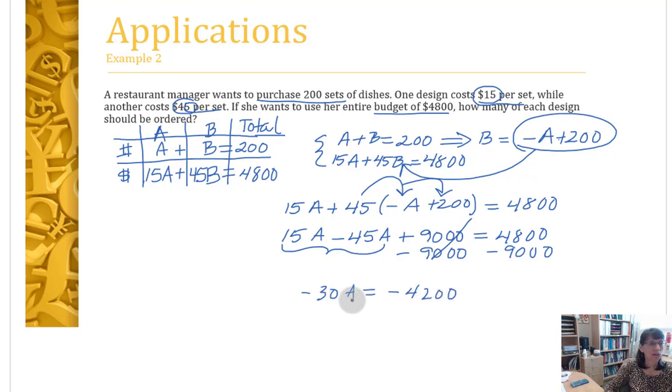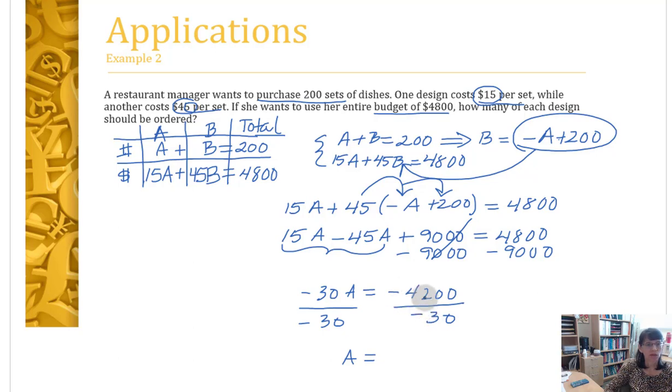To finish solving for A, you can notice that negative 30 is connected by multiplication. So to undo that multiplication, I'll divide each side by negative 30. A negative 30 divided by negative 30 makes positive 1A, or simply A. On the right-hand side, I also have a negative divided by a negative.